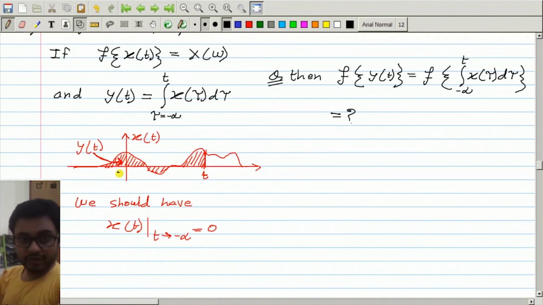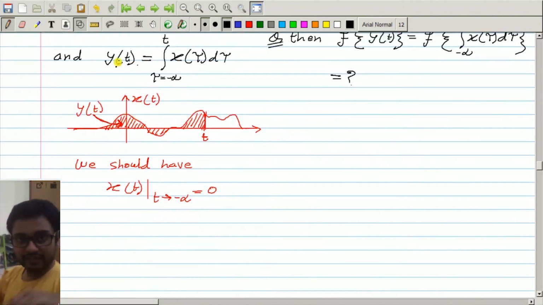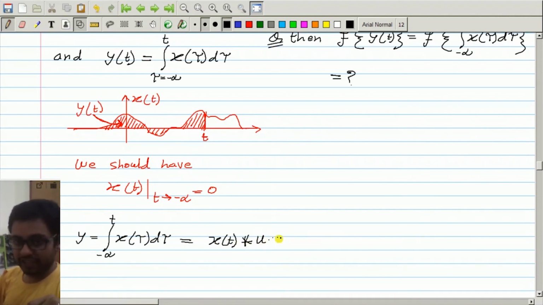If you recall that this y, which is the integration of x(tau) d tau from minus infinity to t, can be written as the convolution of x with unit step function u.